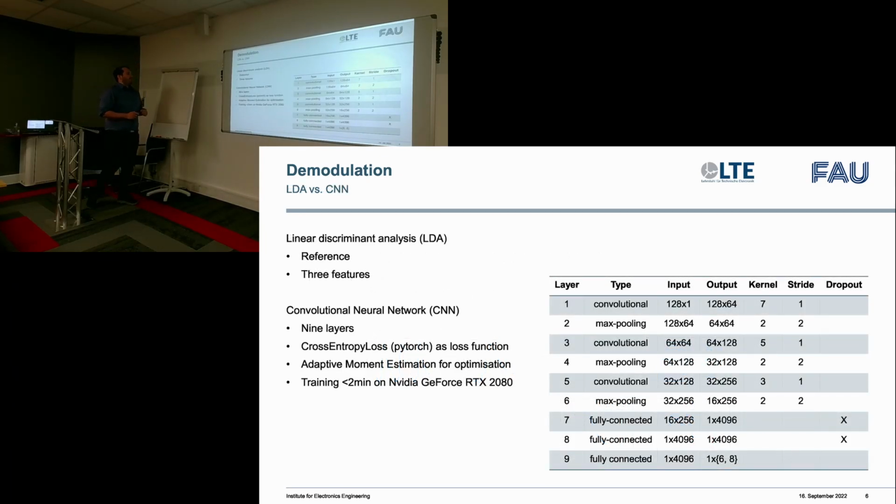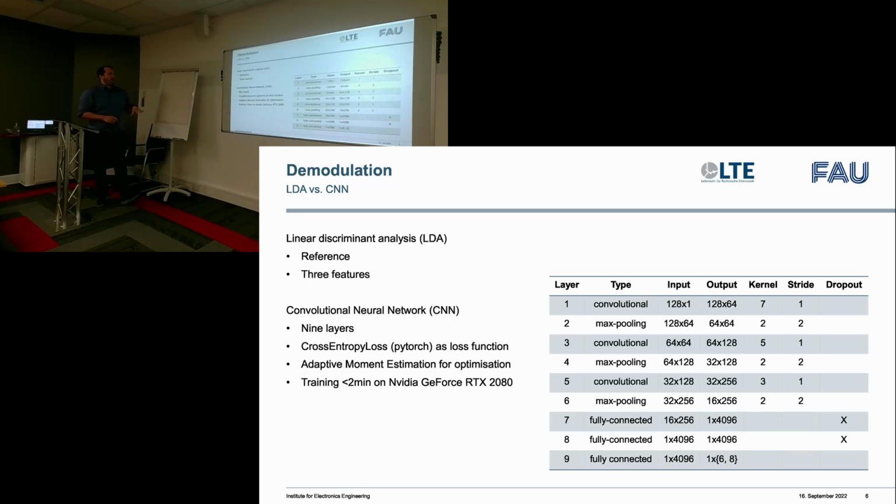Linear discriminant analysis is relatively straightforward. We used 3 significant features. We went down a whole rabbit hole of feature extraction and decided that basically the rising edge, the amplitude, and the falling edge are the three dominant features that we see in our signal, and put that in a linear discriminant analysis. There are a few publications about that. I'll just call it state of the art.